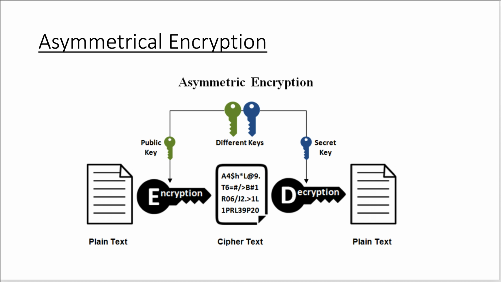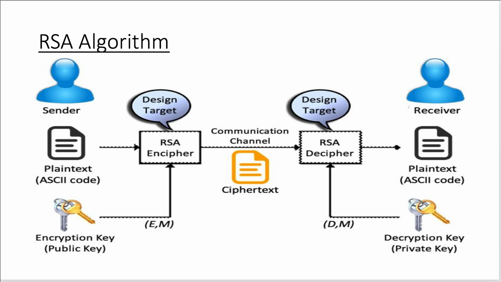So I will show you another, the RSA algorithm, like this one. This is the sender, and we have an ASCII code with plain text. There we have an encryption key, like a public key, going through the RSA cipher.